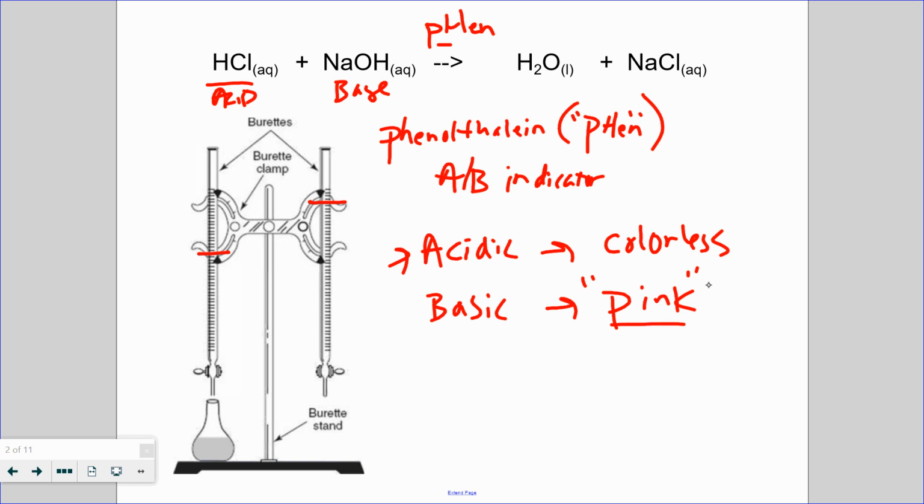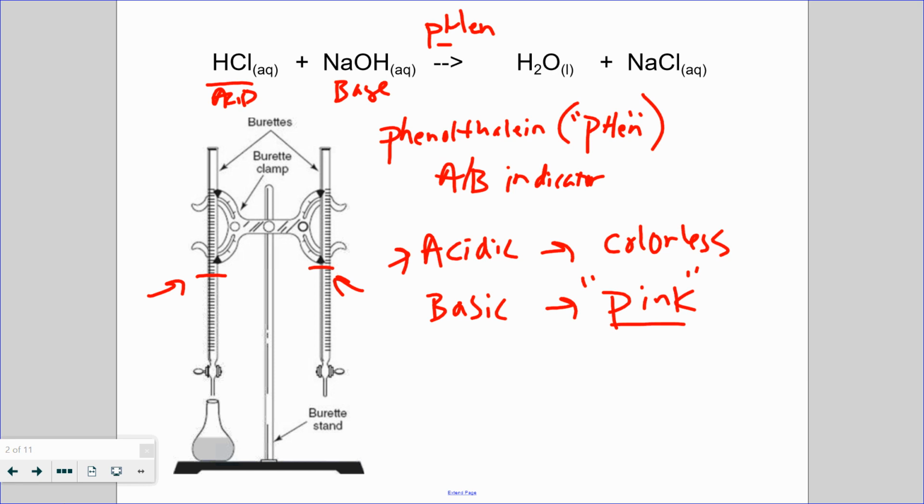And so at that point, I might have moved the volumes down, to somewhere around here and here, like I was saying before. And so now that I've got this beautiful light pink, then I know I'm at the equivalence point, and now I'm going to go ahead and read my final HCl volume and my final NaOH volume. And then I'll have my data. Okay, so that's kind of how this thing's going to work.